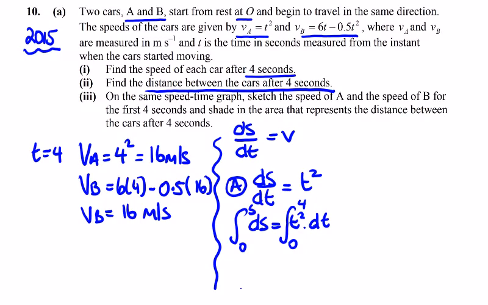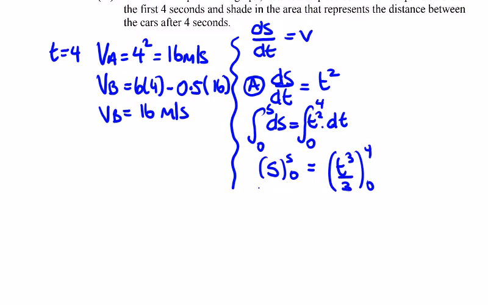So integrating ds, we're going to get s, which we know is just going to give s, but if we do it technically correct, t cubed over 3 for integrating t squared between 4 and 0. So we're going to get s minus 0 is equal to 64 over 3 minus 0. So the distance for A is equal to 64 over 3 meters.